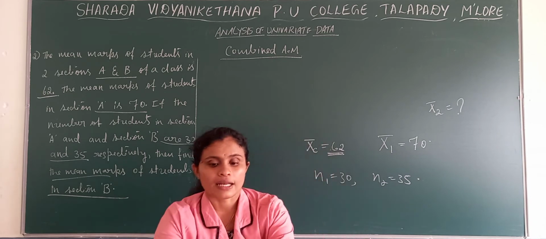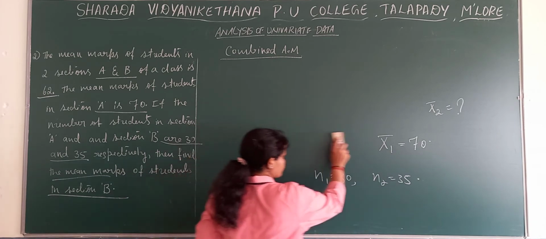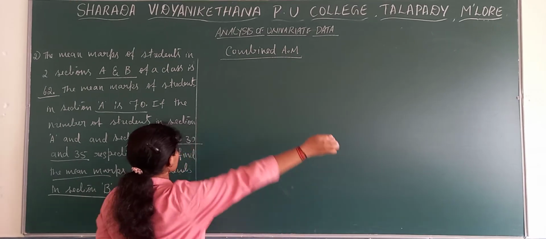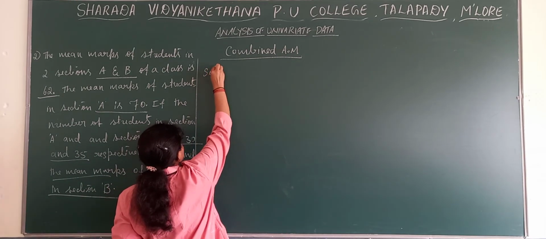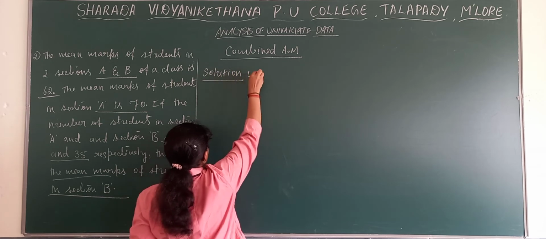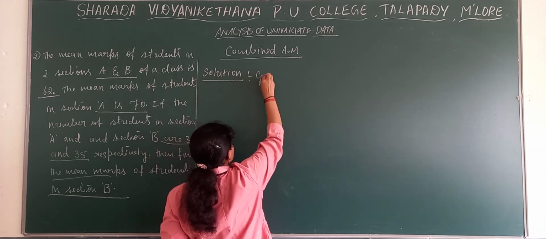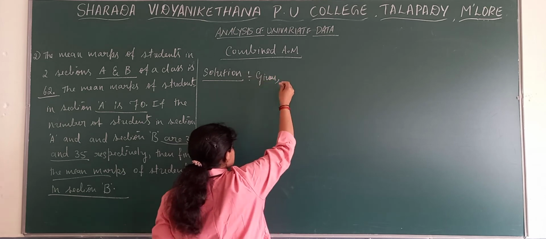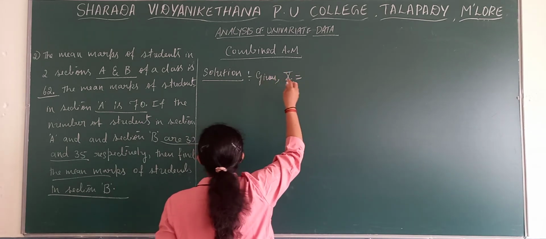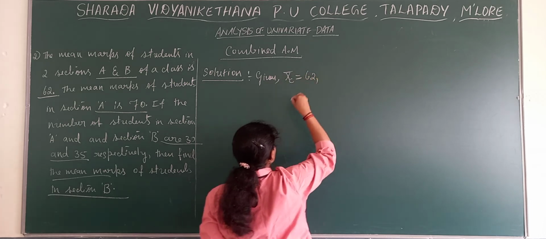Now firstly write the given values. Given values are: firstly we have x bar C, the combined arithmetic mean, as 62.